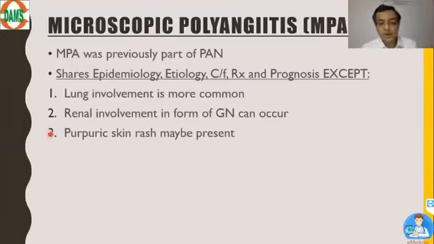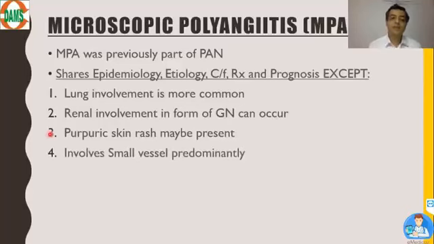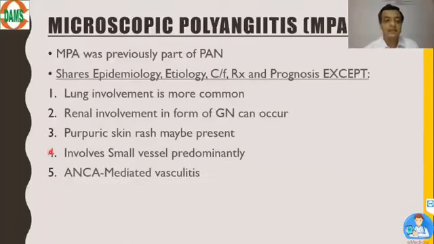Number 3, purpuric skin rash may be present. Unlike PAN, which is a medium vessel vasculitis, MPA is a small vessel vasculitis, and the pathology is ANCA mediated vasculitis.